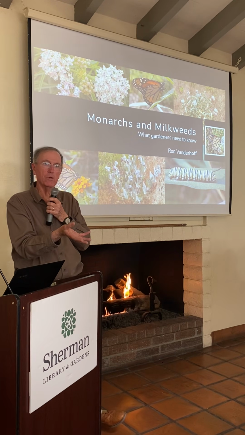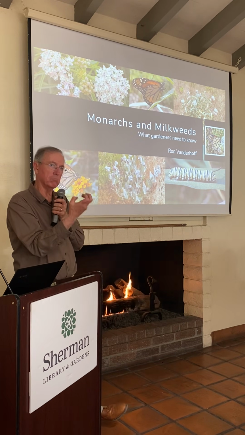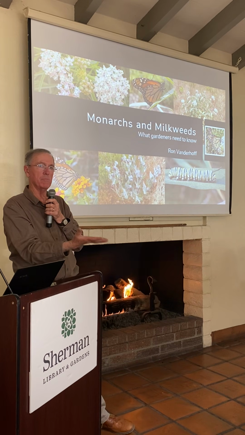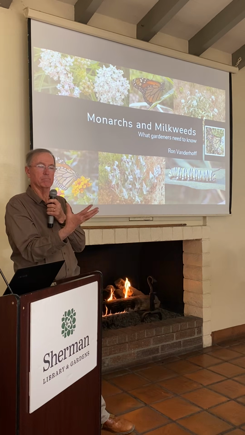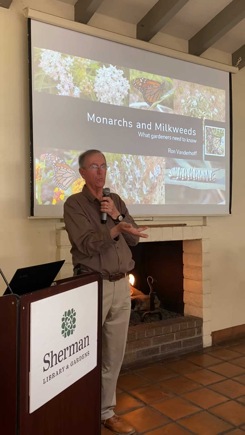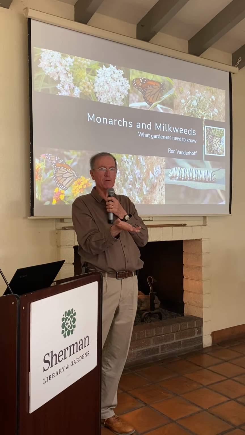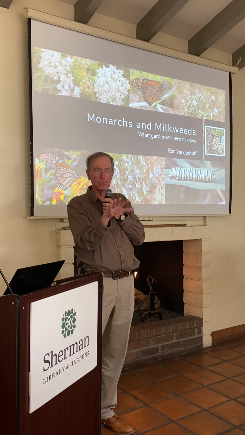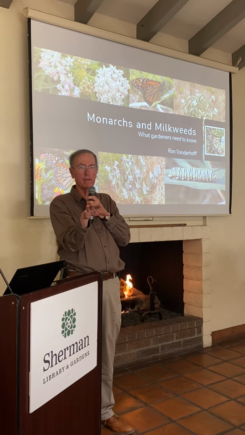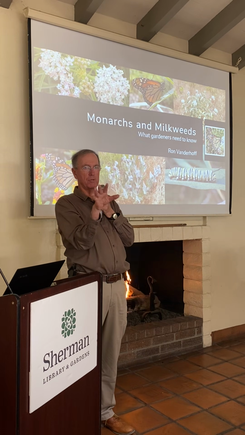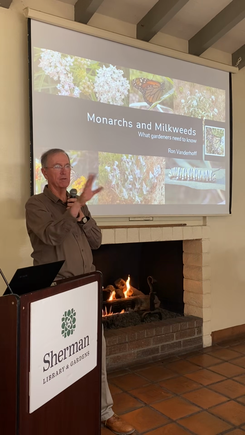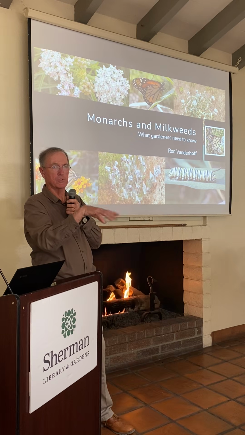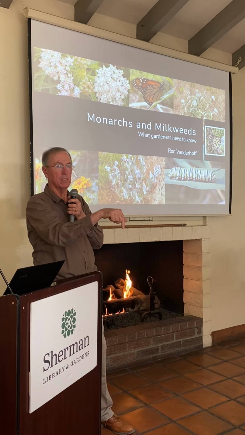Don't do that. If you really want what's best for the monarch, you want to follow the natural cycle of that milkweed coming out of its dormancy and providing food. So we think that's going to be about the first week of April. So in about 3 or 4 more weeks, we think we'll have milkweed. And if you go into a nursery right now, because you just have to have it, and you find it, don't buy it.